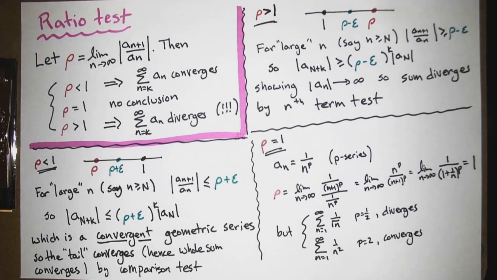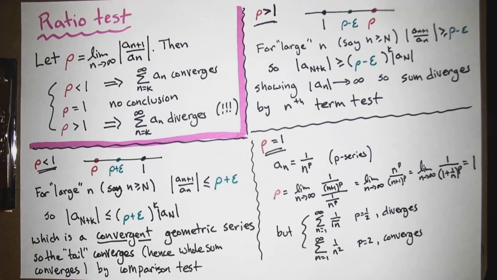And so what does that tell us? Well, it tells us after a certain point, if I want to get to the next term, I'm going to multiply by something that's at most rho plus epsilon of the current term. And once I've reached that point, that says if I want to go one term, I multiply by at most rho plus epsilon. If I want to go two terms, multiply by at most (rho plus epsilon) squared. If I want to go three terms, at most (rho plus epsilon) cubed, because each step is at most rho plus epsilon bigger.